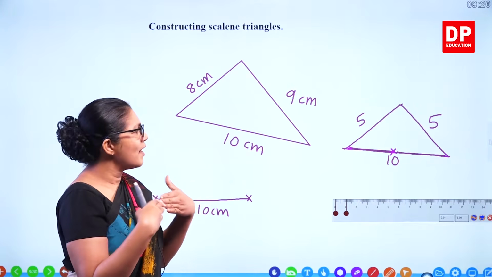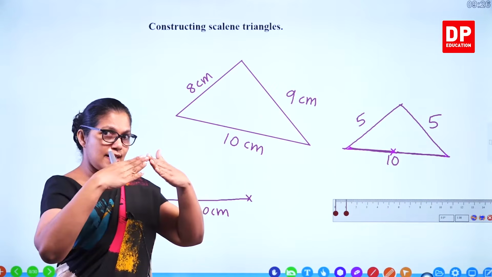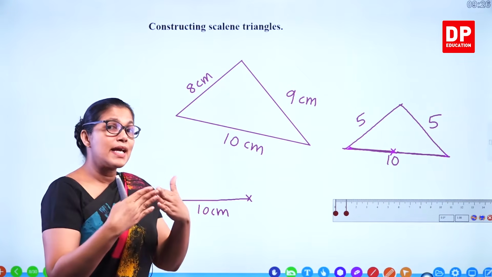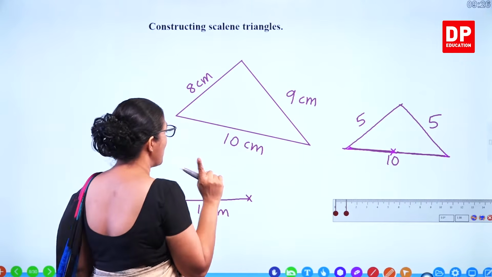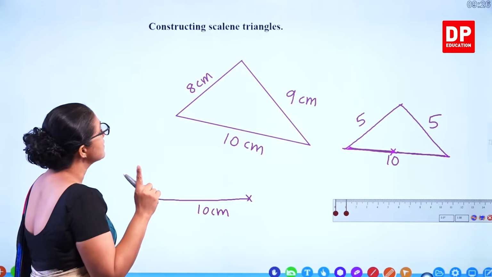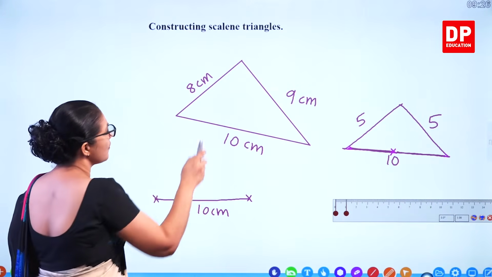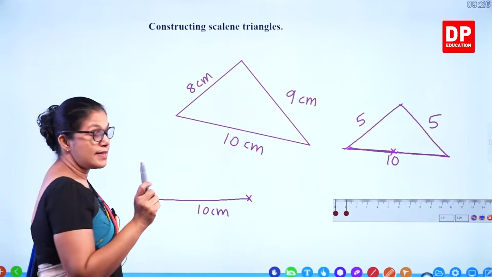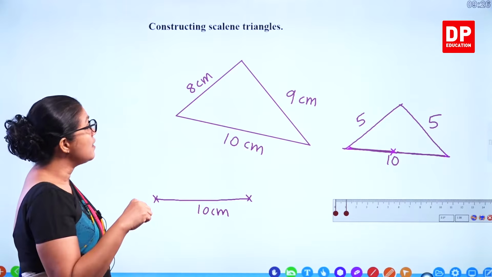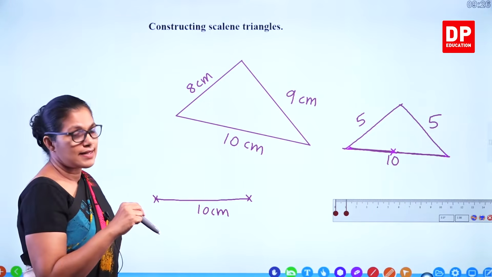That's a straight line. So these two adjacent lengths should be bigger than the other length. So when you are drawing a scaling triangle, make sure when you add the two sides, you get the other side less than that.